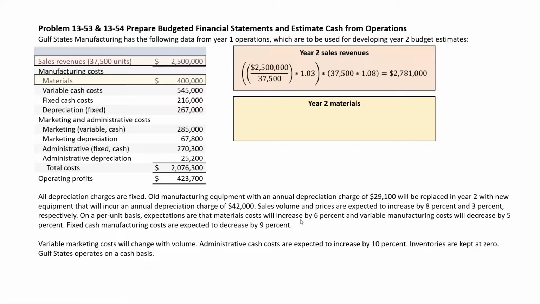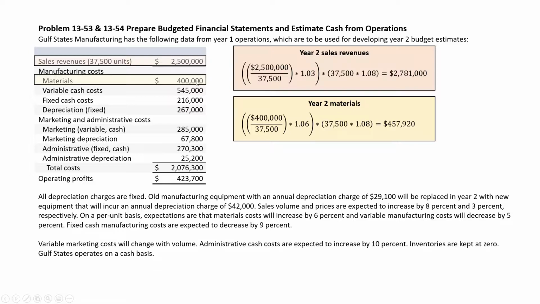Now again, I could do similar to what I did for sales revenue because this is a wholly variable cost. 400,000 initially times the sales volume increase of 108% or 1.08, and then multiply that times the cost per unit increase of 6%, 106% or 1.06, and I would get to the year two materials estimate. I can also do the little bit more complicated route. What's the cost per unit times the number of units, similar to what I did for revenue.